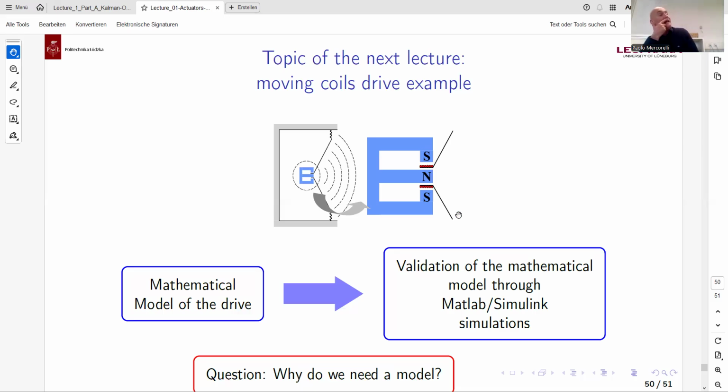Exactly the example which I told you before. Left and right, no? Because at least conceptually, we have a flux from here from north to south. You have a flux from north to south. It is possible to move, yes, because we inverted the direction of the flux, and contemporarily we inverted the direction of the current. This means I'm moving left and right.